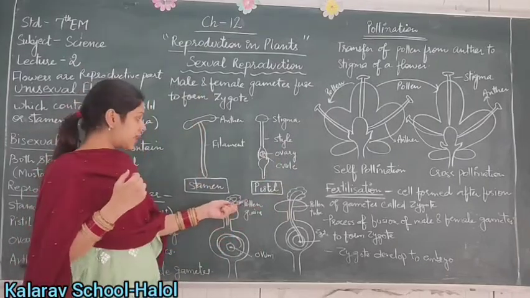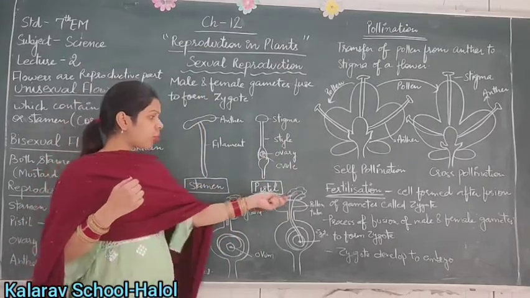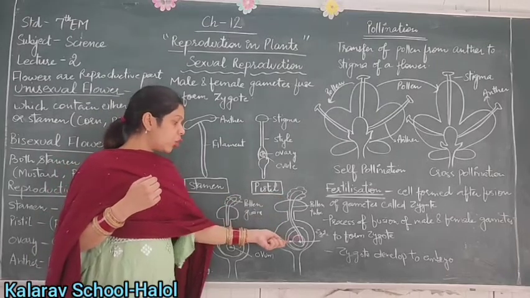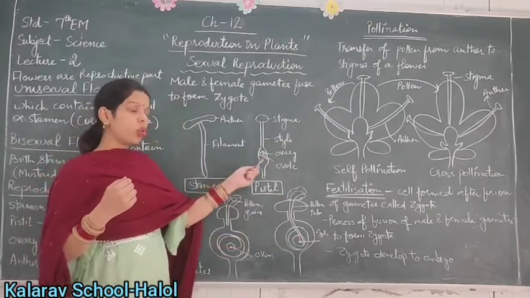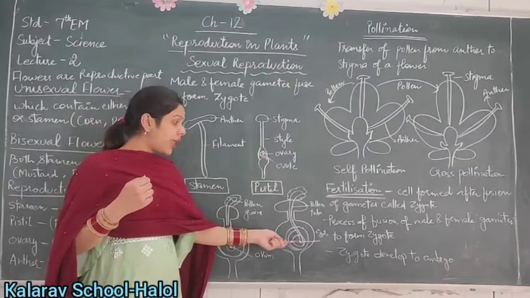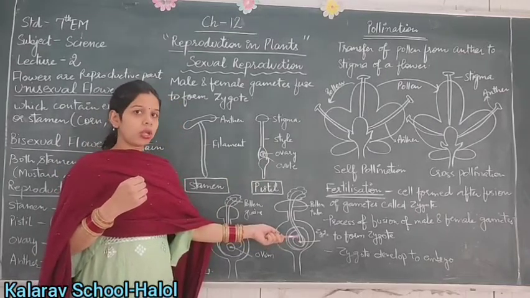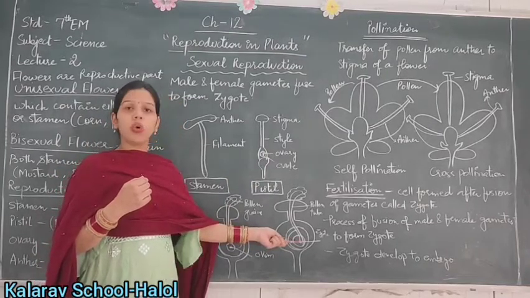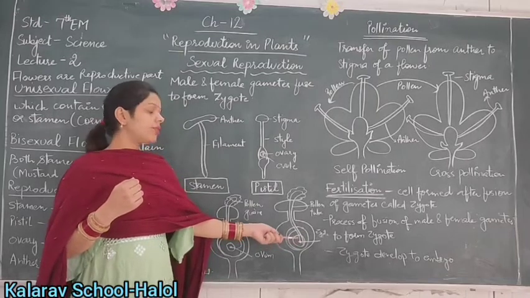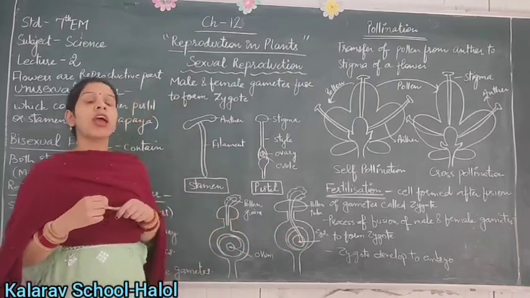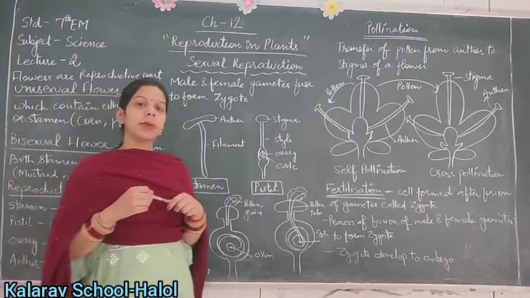As the pollen grain passes through the pollen tube, it goes inside the ovary and develops to form the zygote. So in the ovary, the zygote is formed. In this way, fertilization takes place.